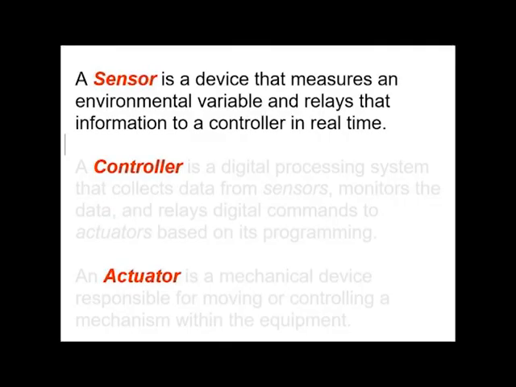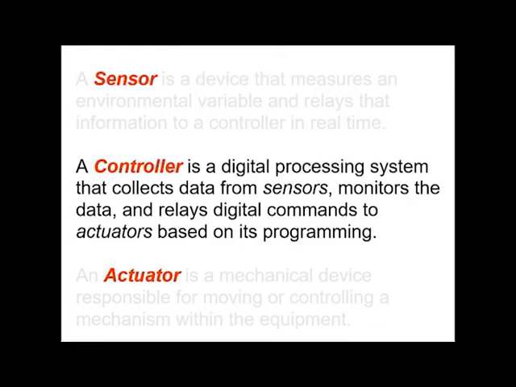Remember, a sensor, the first of three parts in this system, is a device that measures an environmental variable and relays that information in real time to a controller. The controller is a digital processing system that collects data from sensors, monitors the data, and relays digital commands to actuators based on its programming.